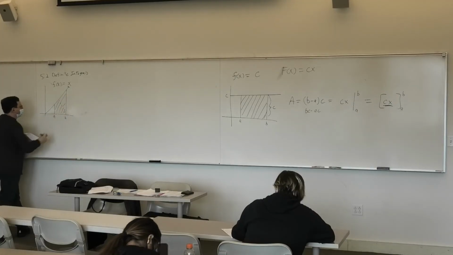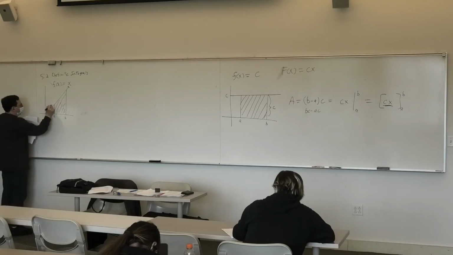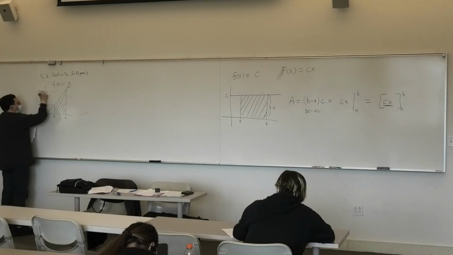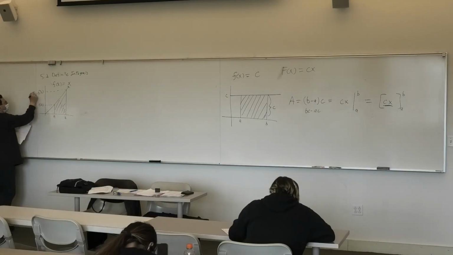Well, this just happens to be a trapezoid. This point here is f of a, this point here is f of b. This is b and a.